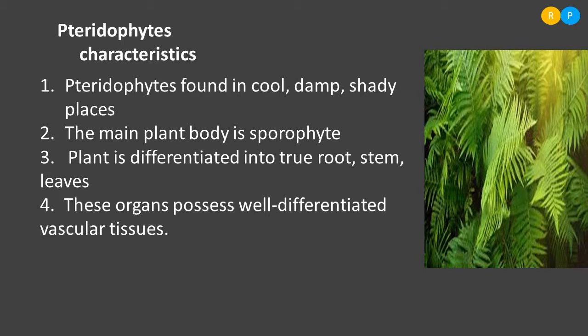So these two tissues, xylem and phloem, together are called vascular tissue. This vascular tissue is present in each and every organ of the plant, so that we can well differentiate the plant parts into true root, stem and leaves.